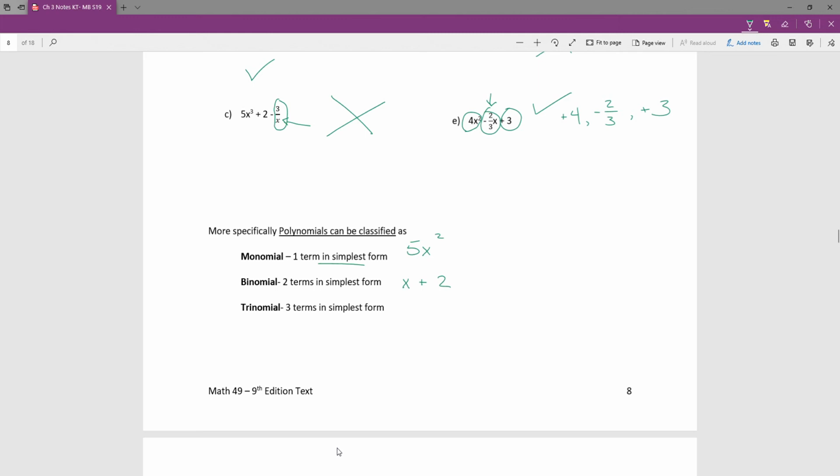And so you might have an x squared plus 2x plus 1 as your trinomial. Anything more, if you can have four terms, but that would just be a general polynomial. So these are all polynomials, but more specifically, we can classify them by their number of terms.